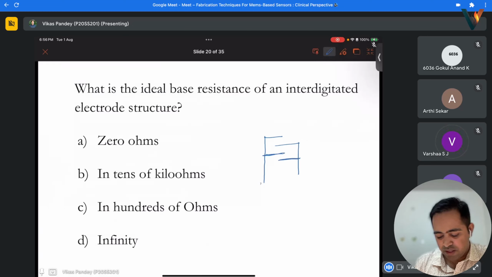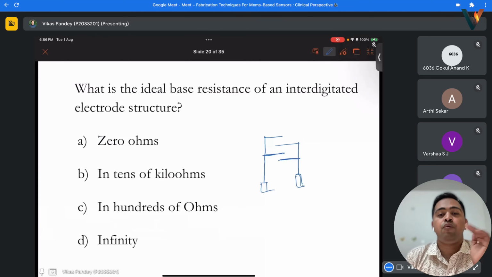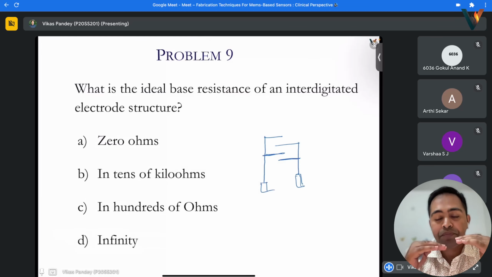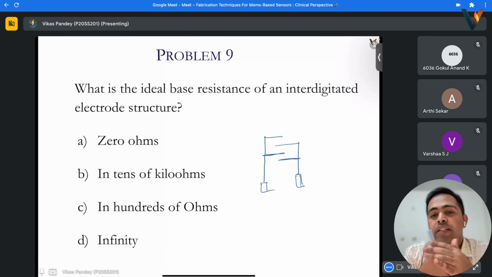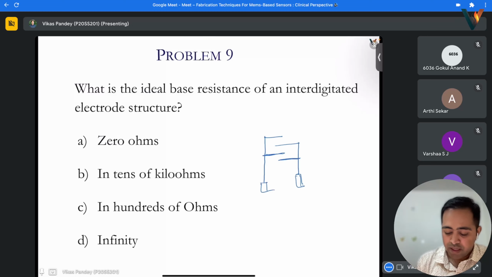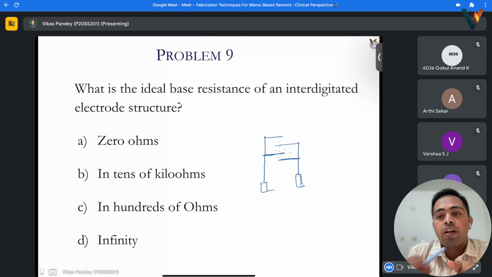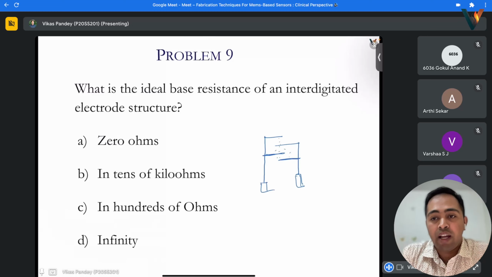Okay. We have a structure like this. And we have seen that we already have isolated the back contact, or we can say that silicon we are not using. So this is freestanding, and there is some gap between this, right? So ideally, there should be no current flowing through it. And if there is no current flowing through it, the resistance is very, very high.